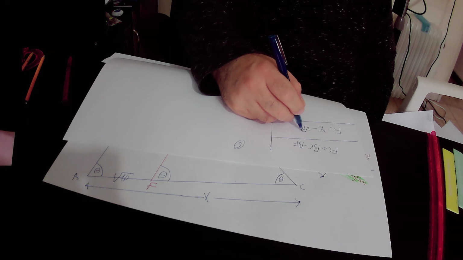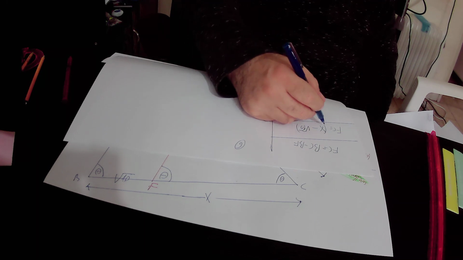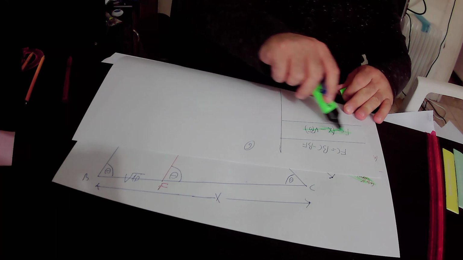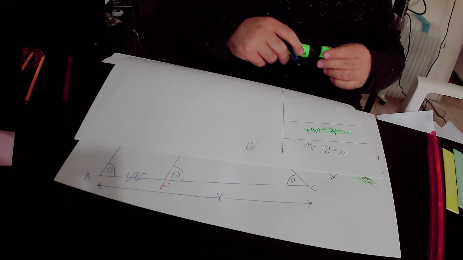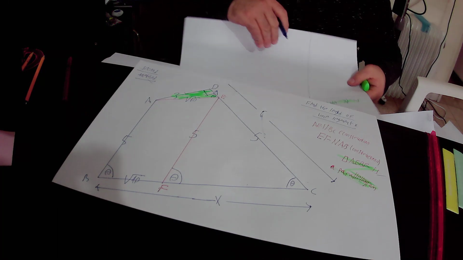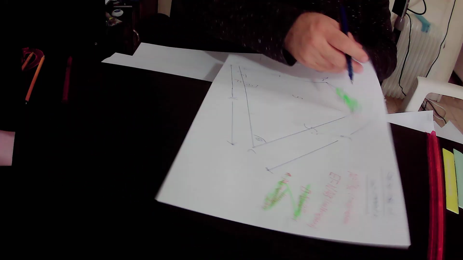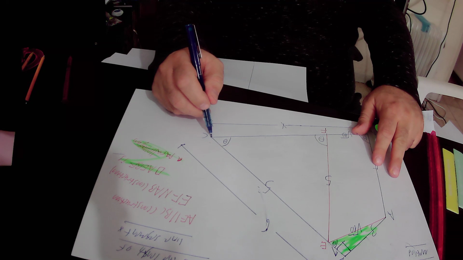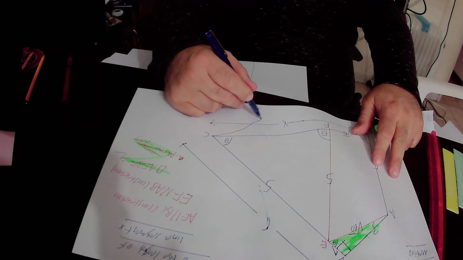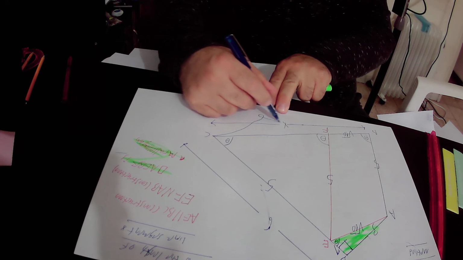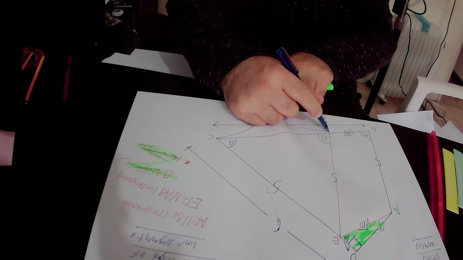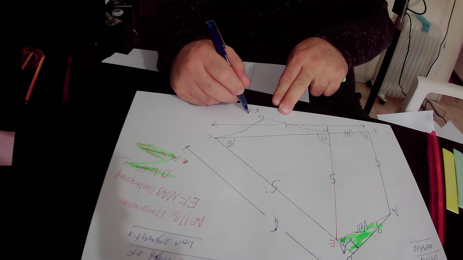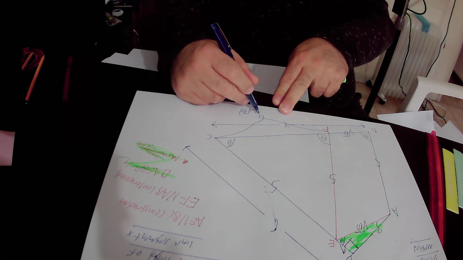So in conclusion, FC equals X minus the square root of 10 units. We can write here that the length of line segment FC is equal to X minus the square root of 10 units.